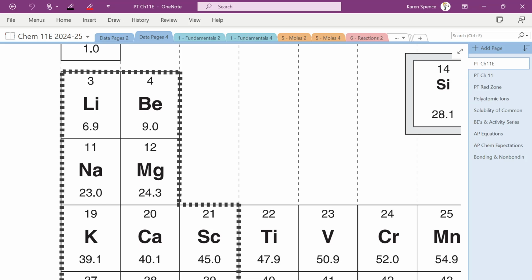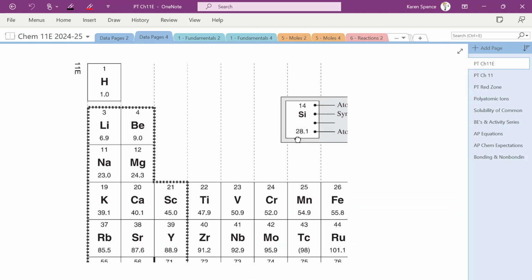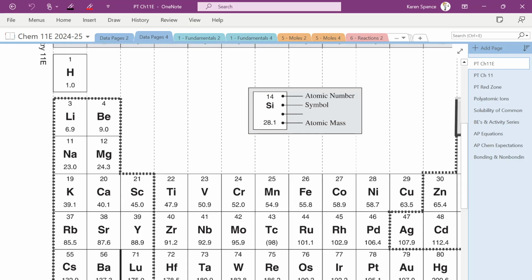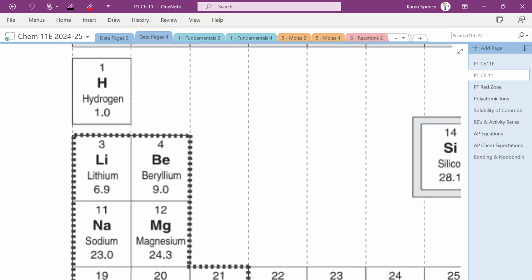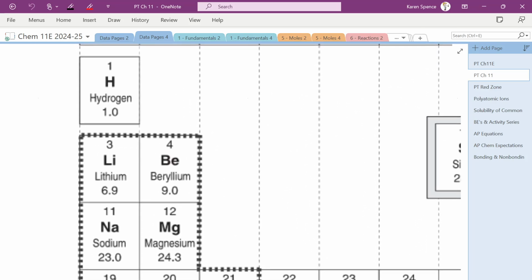Charges and names, okay? Now, the reason I've given you this is because if you decide to write the AP exam, your periodic table will look a lot like this. It will not have names, it will not have charges. That's 2 years from now though, right? So, in the meantime, if we turn to page 2, you'll see that we have names. Oh, how nice.